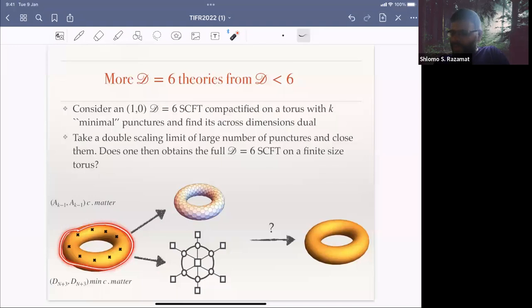Take a torus with many punctures, take the number of punctures to infinity, turn on vevs, and hope for the best. So for A-type conformal matter, D-type conformal matter, for large families of these 4-dimensional theories, 6-dimensional theories, sorry, we can mimic the procedure of the construction.